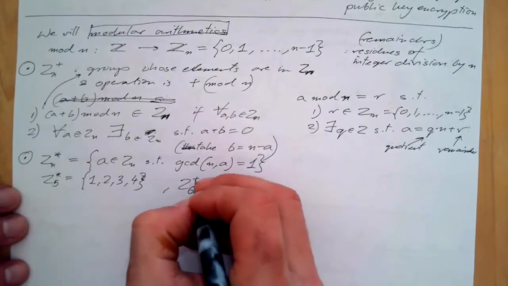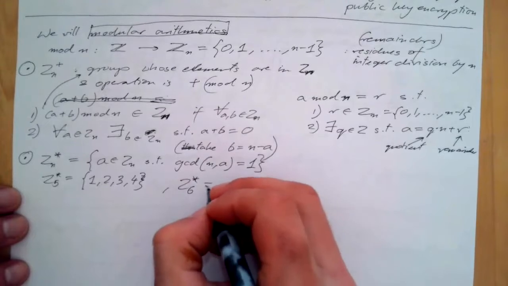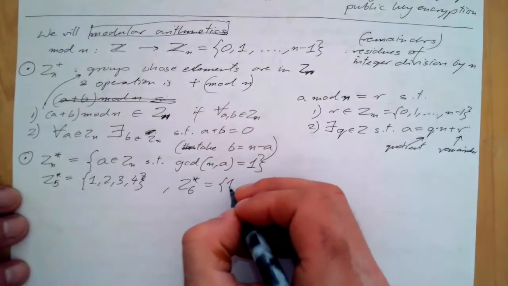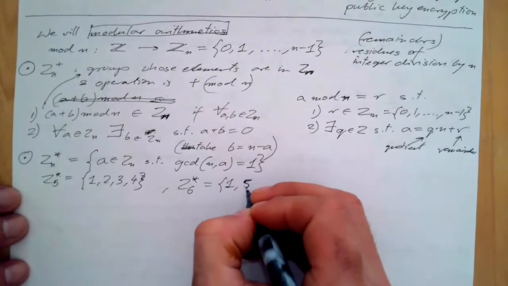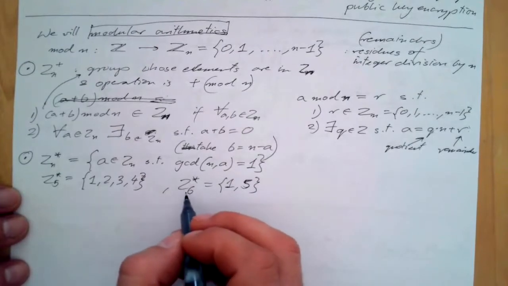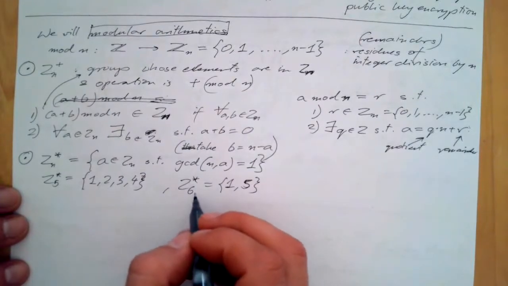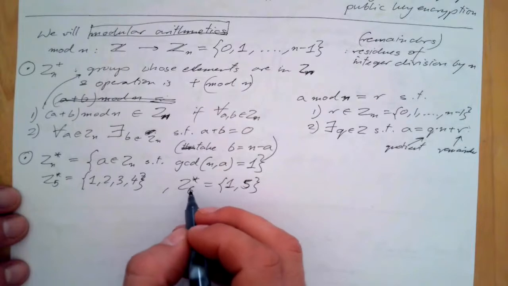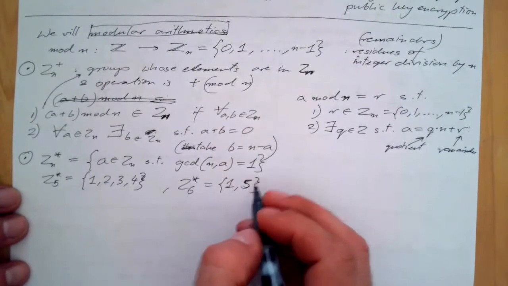But if you, for example, look at Z6 star, that has much less. It's just these two, because who else is in Z6? 2 is not co-prime with 6. 3, not co-prime. 4, not co-prime. 5 is.